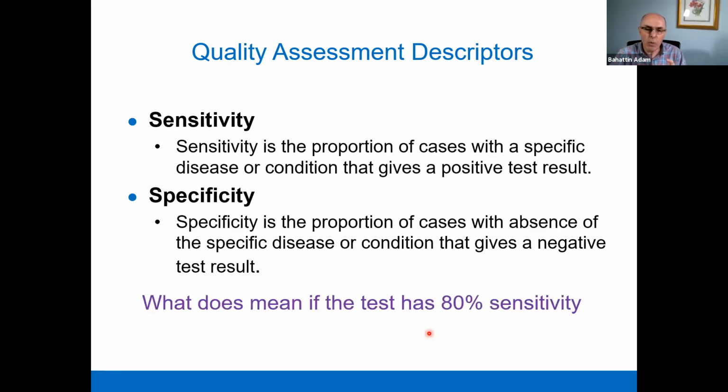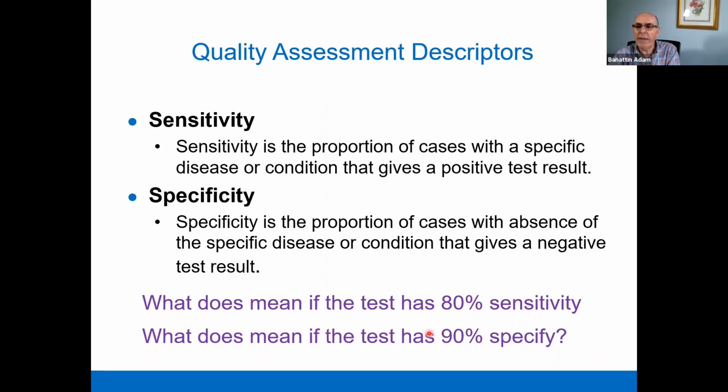Now, what does it mean if the test has 80% sensitivity? If you are testing a patient population for a certain disease, and your test is positive in 80% of the patient group, then the sensitivity of your test is 80%.